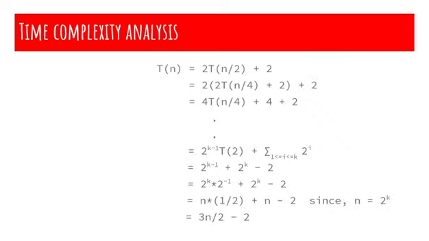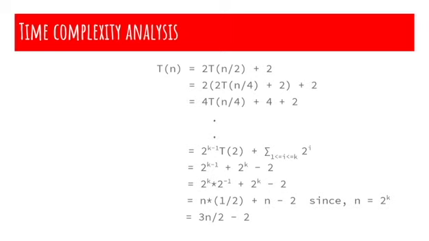Now, on further simplifications, we'll obtain 2 to the power k minus 1 into t of 2 added by summation of 2 raised to the power i, where i can range from 1 to k. This can be further reduced to 2 to the power k minus 1 plus 2 to the power k minus 2.